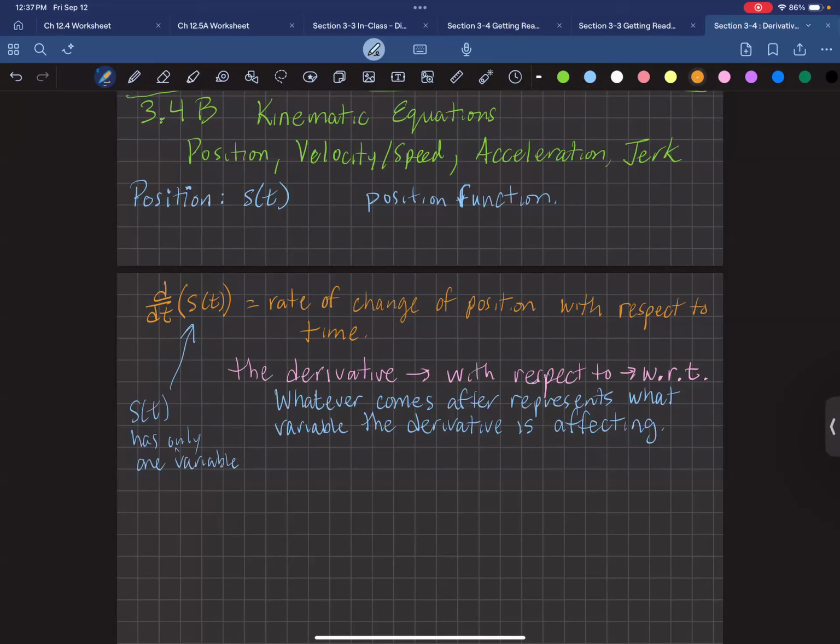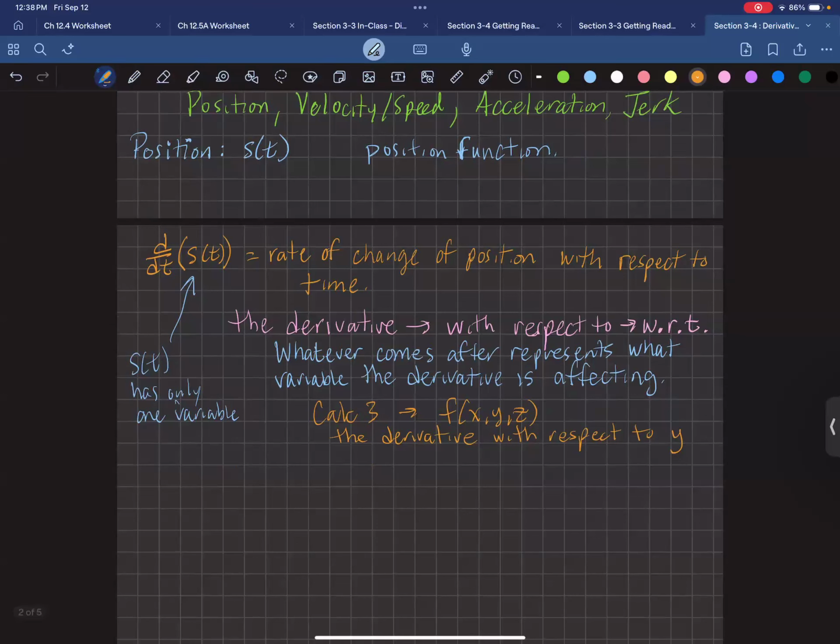But in Calc 3, we will have functions like f of x, y, z, and then being able to say the derivative with respect to y tells us which variable we're treating as a variable, and we're going to treat the others as constants. That's for another day. I just want to show you what WRT means.